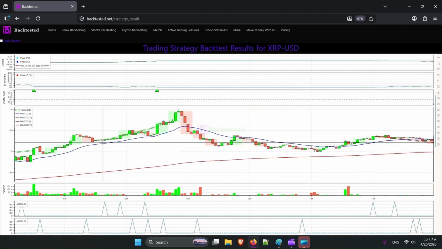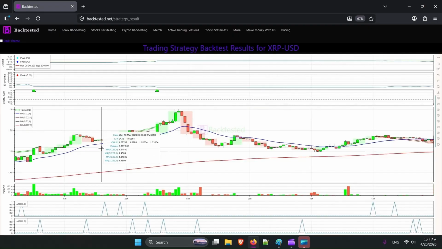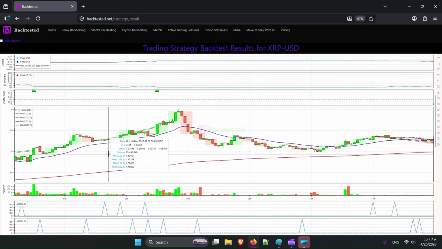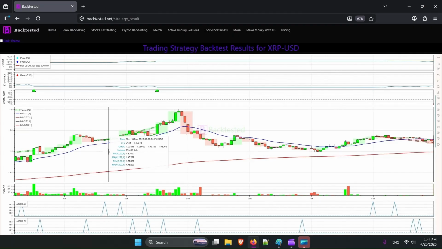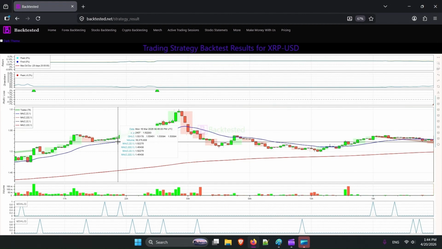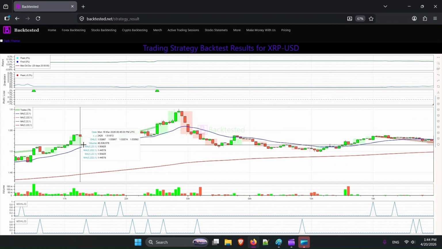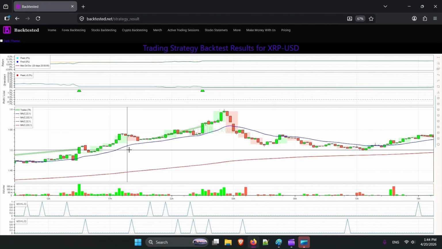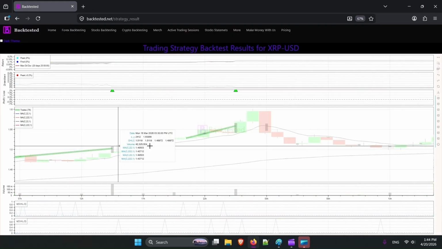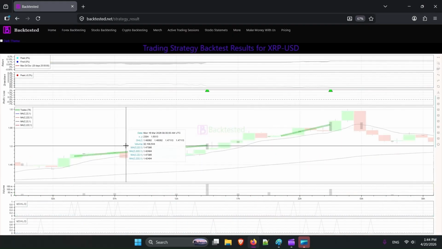This is also a bullish engulfing, as you can see. Bullish engulfing or bearish engulfing basically means that a bullish candlestick engulfs a bearish candlestick, and vice versa. It means that it's going to be bigger than the opposite candle.